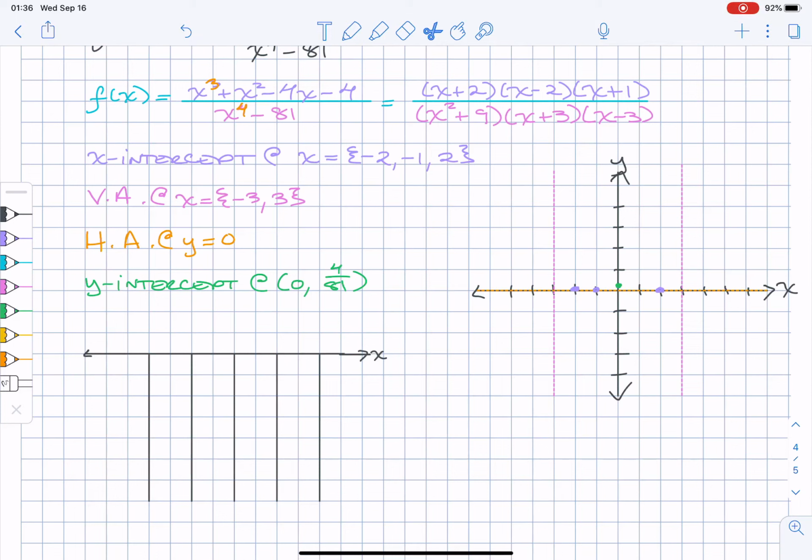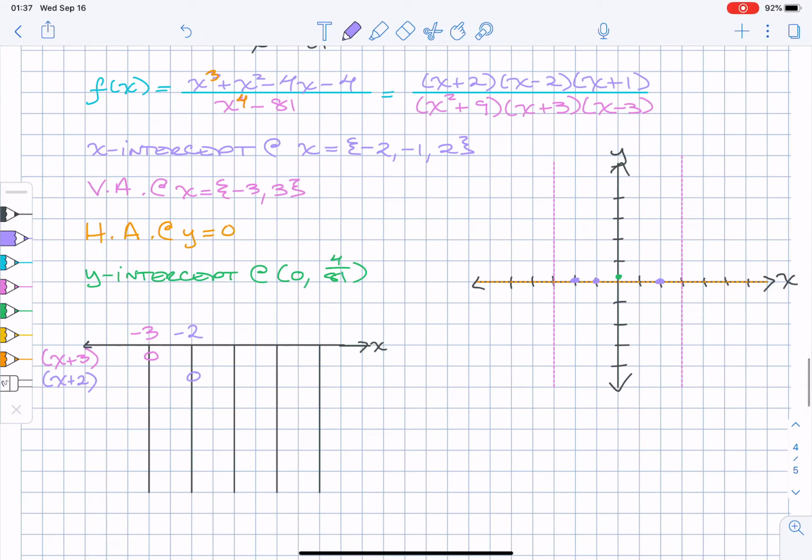Okay, so let's look at the factors. The leftmost root is -3, and that's for x plus 3. So the root is here. The next most negative factor is -2, x plus 2, so the root is here. Then my next most negative factor will be at -1.